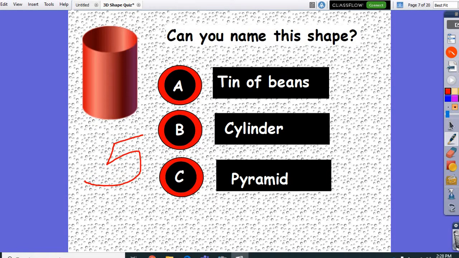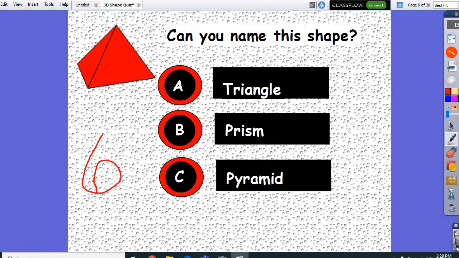Number 5, can you name this shape? And remember guys, if I'm going faster than you need, you can always pause the video and restart when you're ready. Can you name this shape?